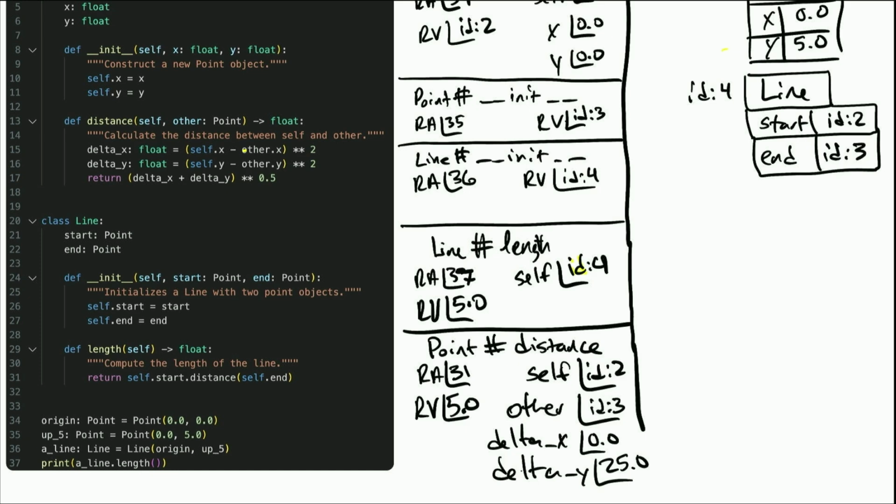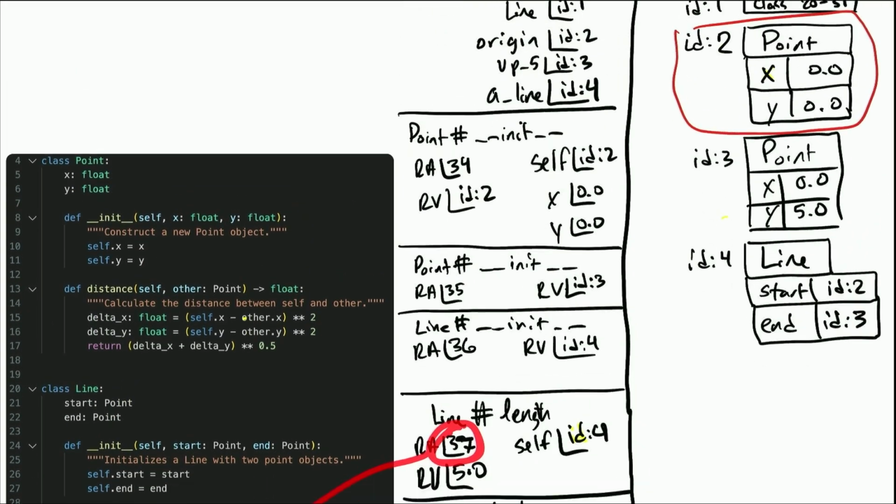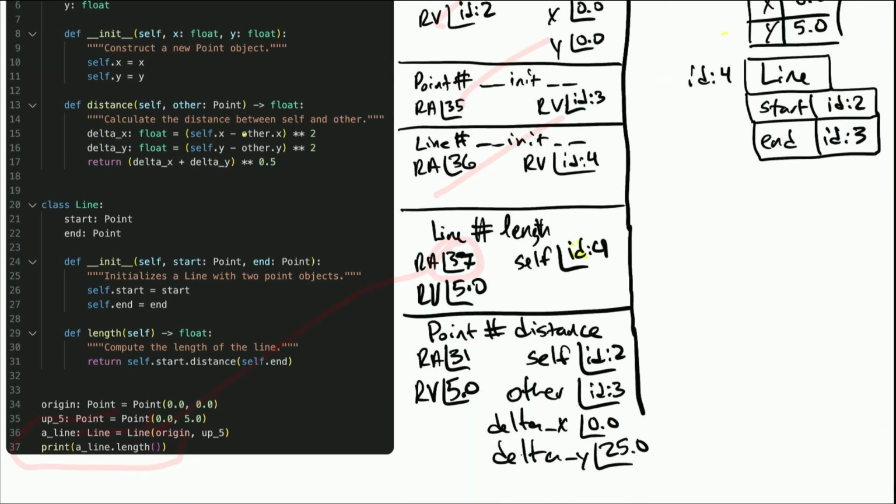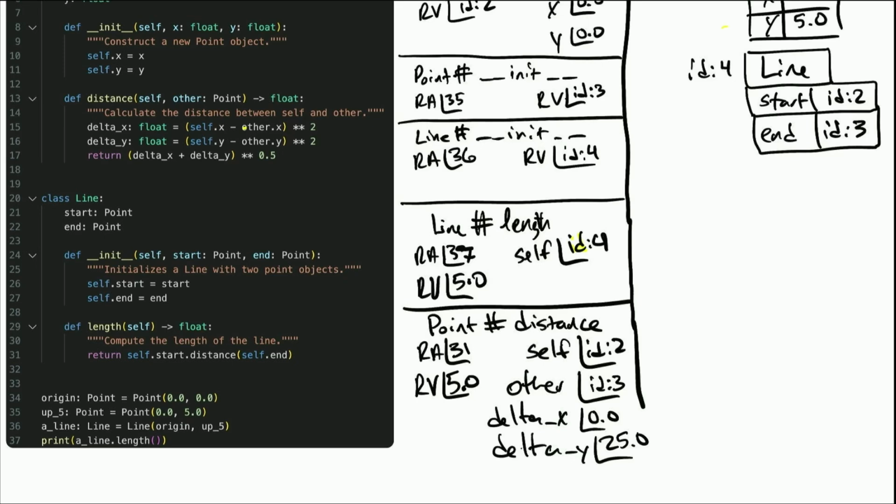Well, where is this 5.0 going to be sent? Back to line 37. So line 37 was this print statement, and that's all the way back up in globals, right? So we had finished all of these frames. They all had return value. So that was all the way back up in globals. And so our print statement, this expression, aline.length, would result in output of 5.0.